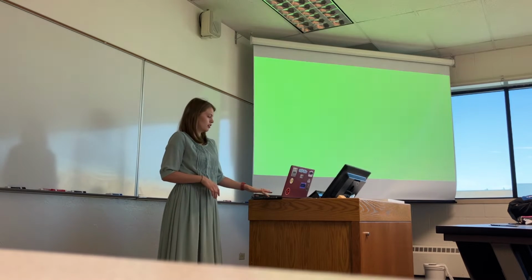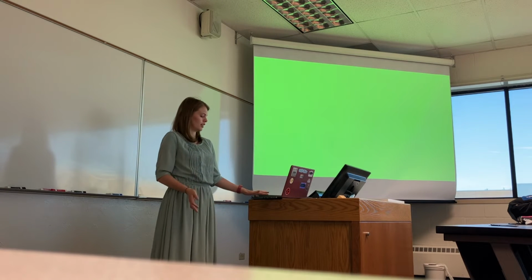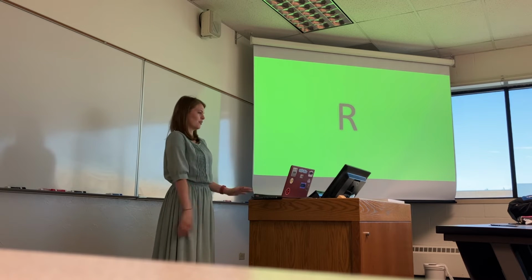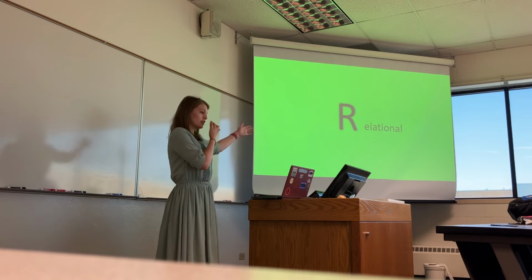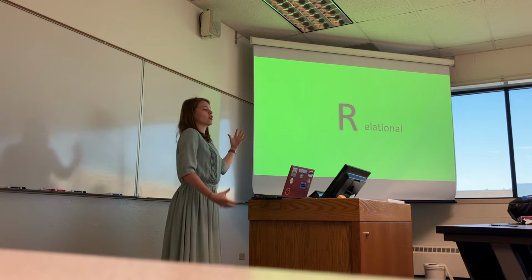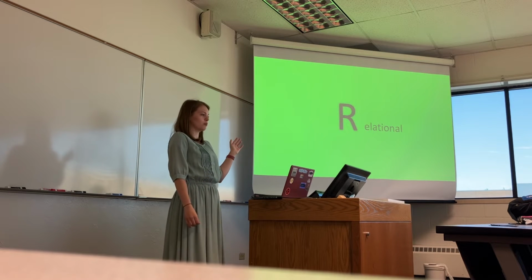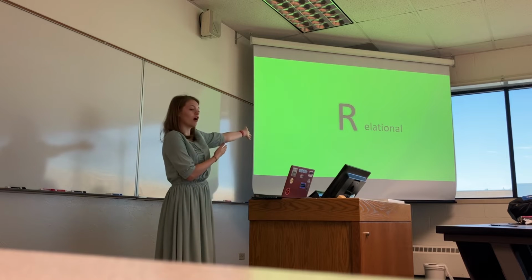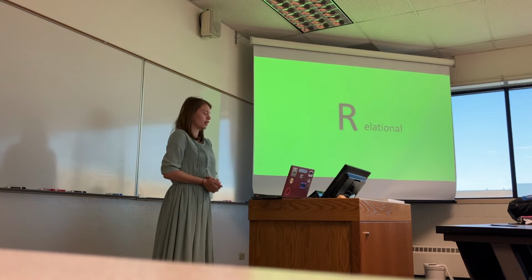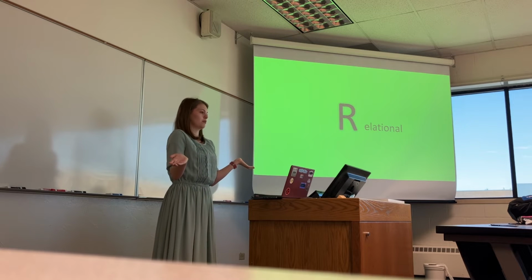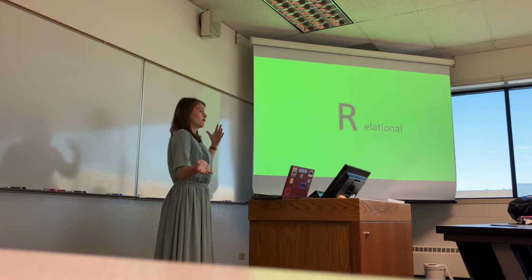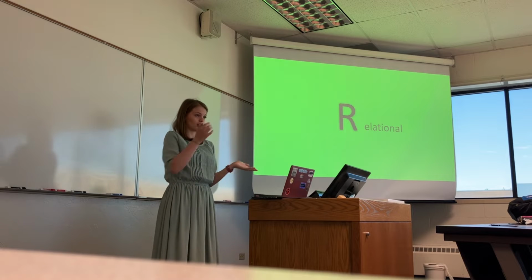And our next goal is R. What does the R stand for? Relational. Relational goals are more of the common goals that people are having conflicts about. For instance, they may be mad about money, or they may be mad about the fact that they didn't wake up to their alarm clock.